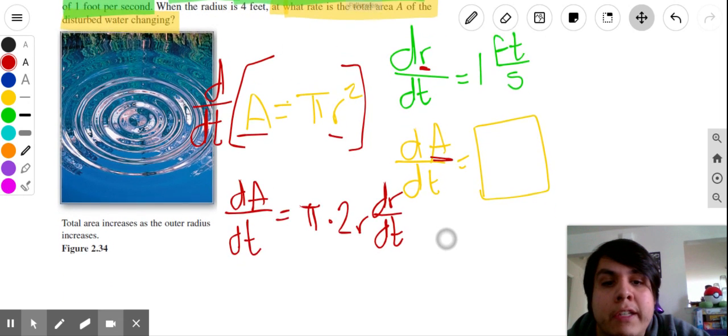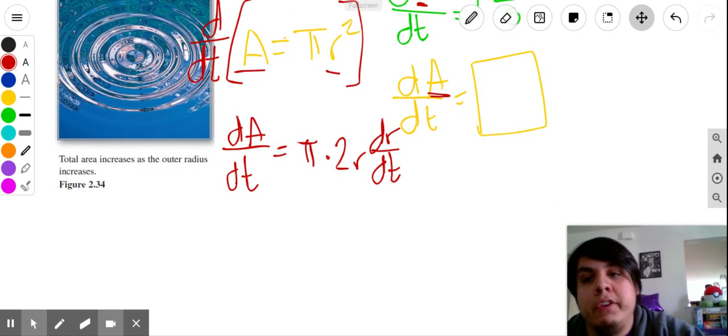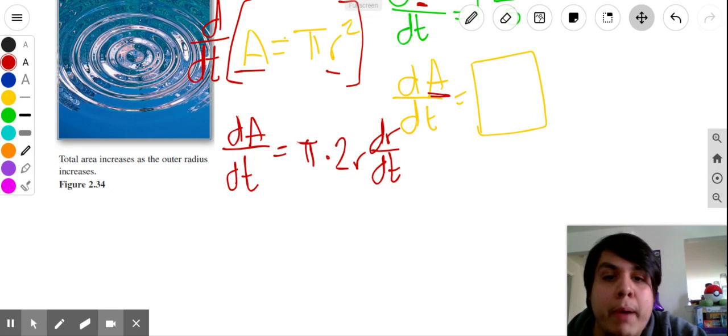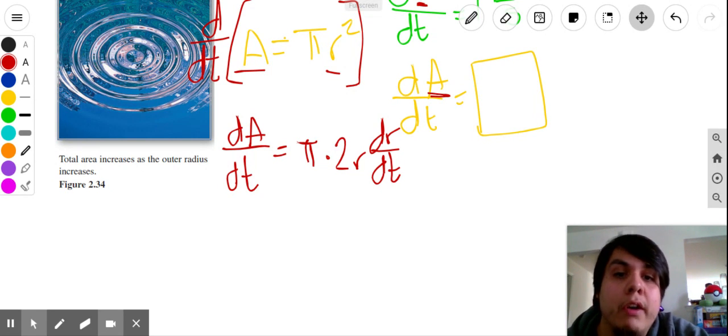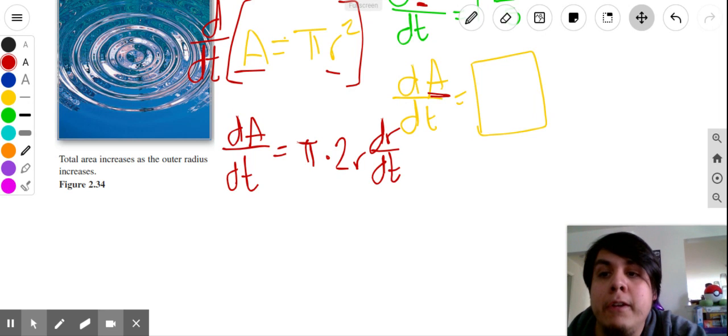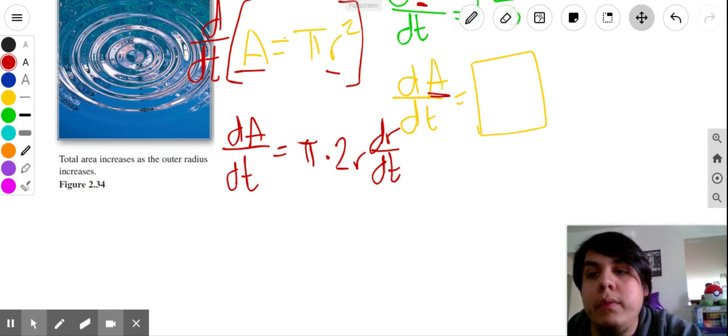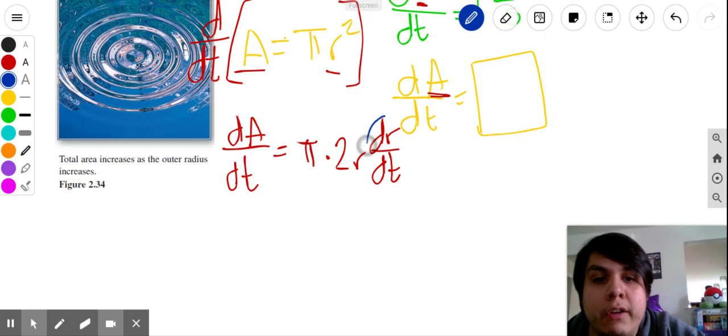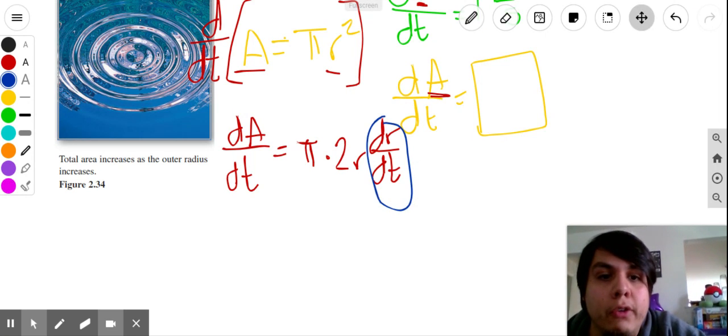So right here, down here in the red, we have our equation dA/dt is equal to pi times 2r dr/dt. Well, I know what dr/dt is. They told me what this was.